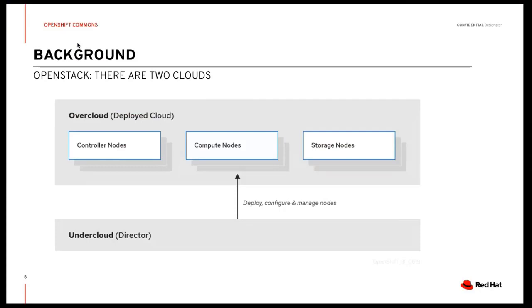And the overcloud is made of controller nodes that run the API endpoints and services. They're somewhat analogous to master nodes in OpenShift, compute nodes that are similar to worker nodes, and then storage nodes. In this reference architecture, we actually use Ceph, which is our software-defined storage that's very tightly integrated with OpenStack, as the storage backend for OpenShift.